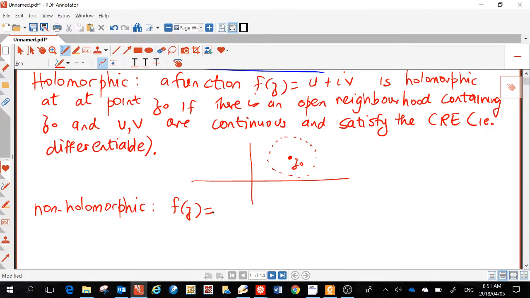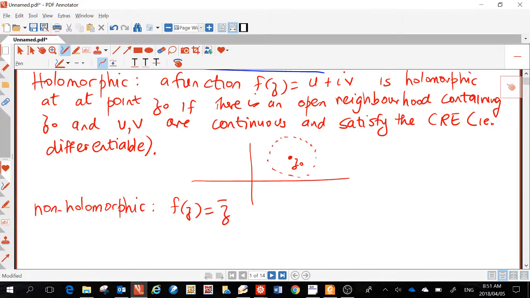They are not differentiable. What's that? 1 over z? Close, but not quite. There's two bad ones. You can try 1 over z yourself and check if the CRE works. I won't comment on that because you can check it out.